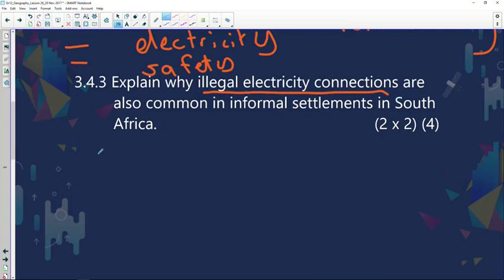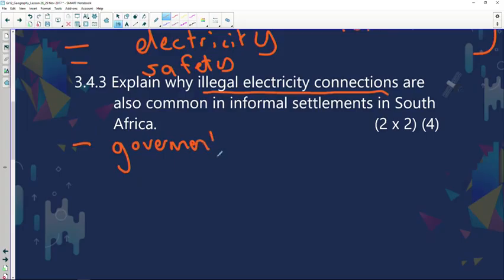Now, the simple reason why we also have massive outages, because people are stealing copper cables, and there's illegal electricity connections, is because the government does not provide our informal settlements with electricity.